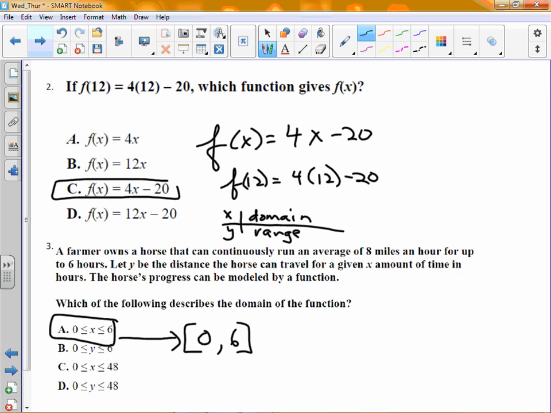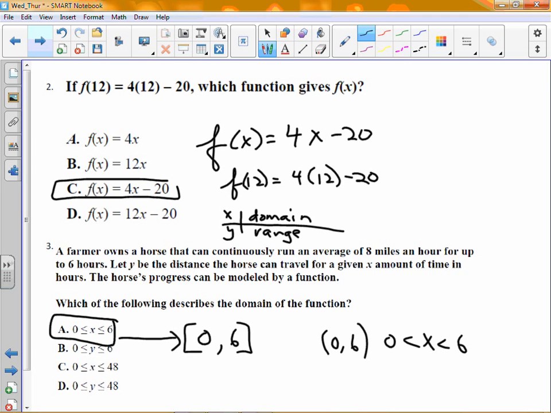The one that concerns me is if one were written like this right here. Guys, that's going to look like an ordered pair to you. You have to read the context of the problem and understand that isn't an ordered pair. That's the numbers between 0 and 6 with greater than and less than symbols.